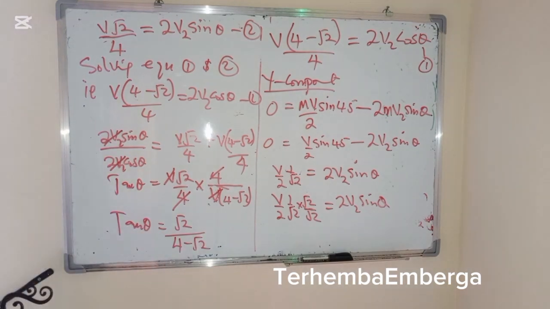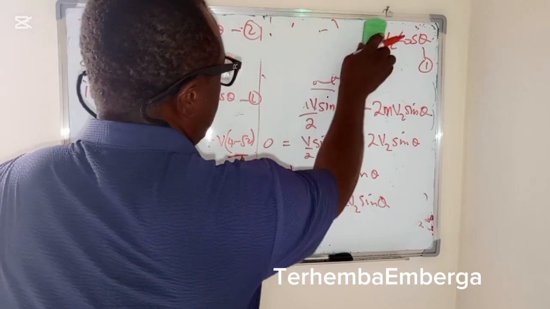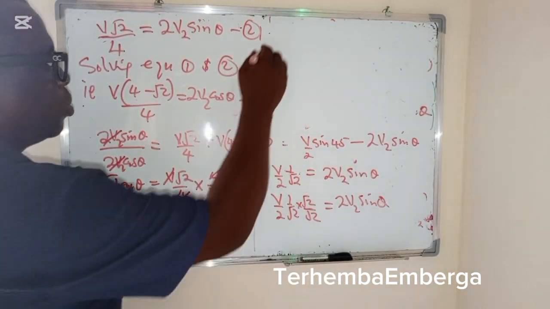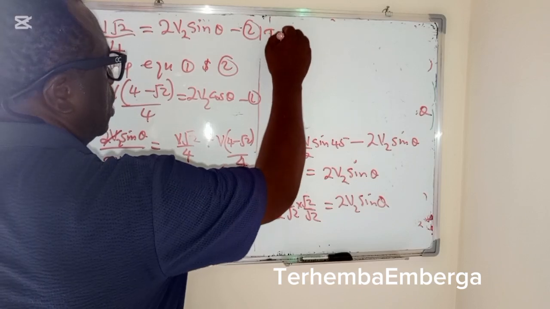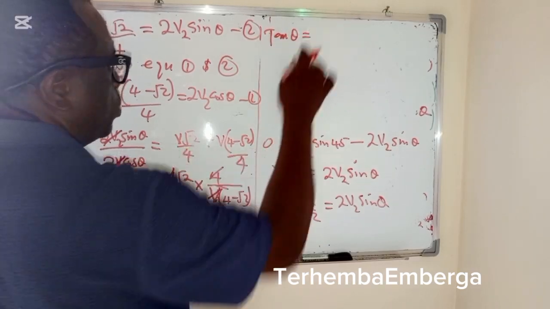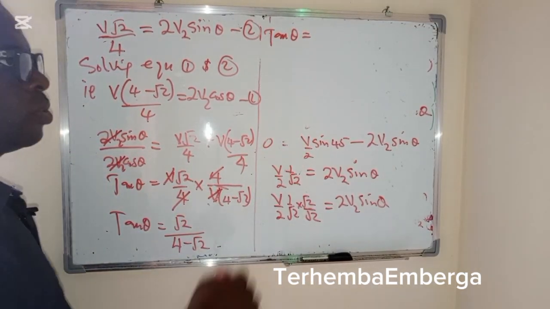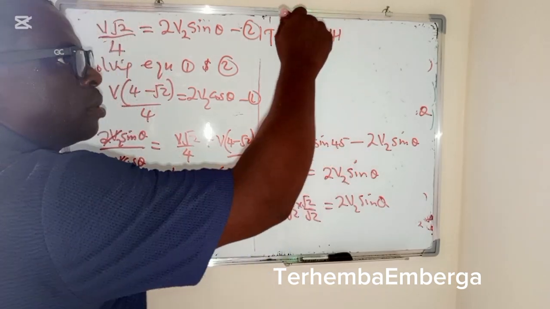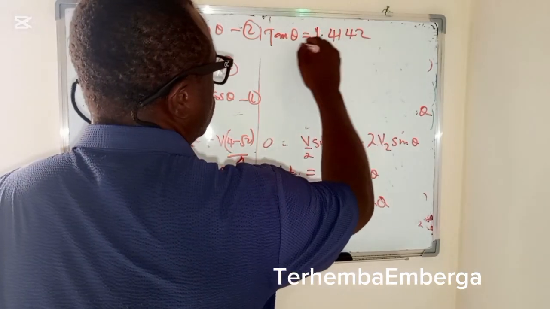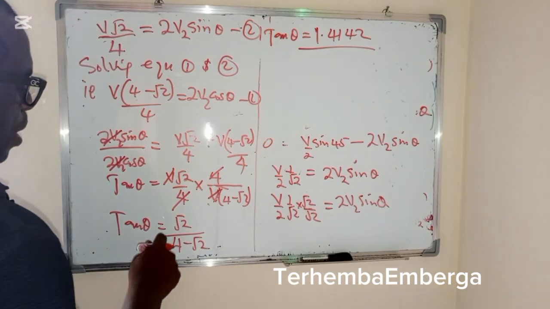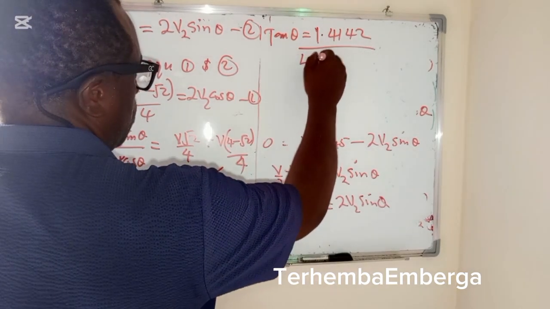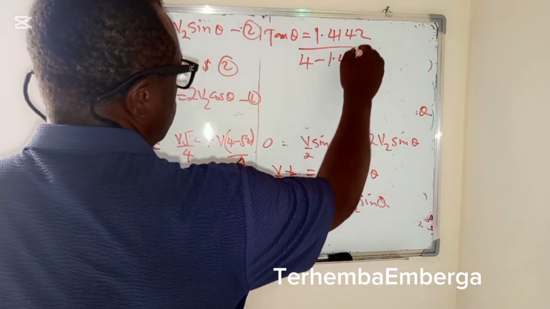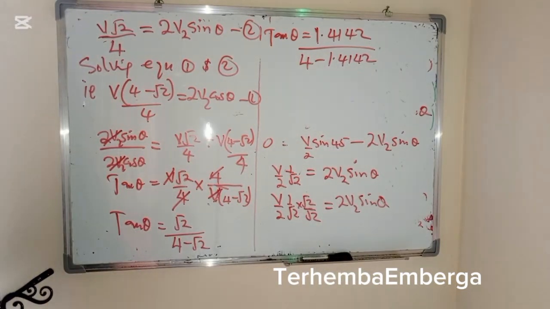Using a calculator, we can find the value of tan theta. The value of root 2 is 1.4142, divided by 4 minus 1.4142.